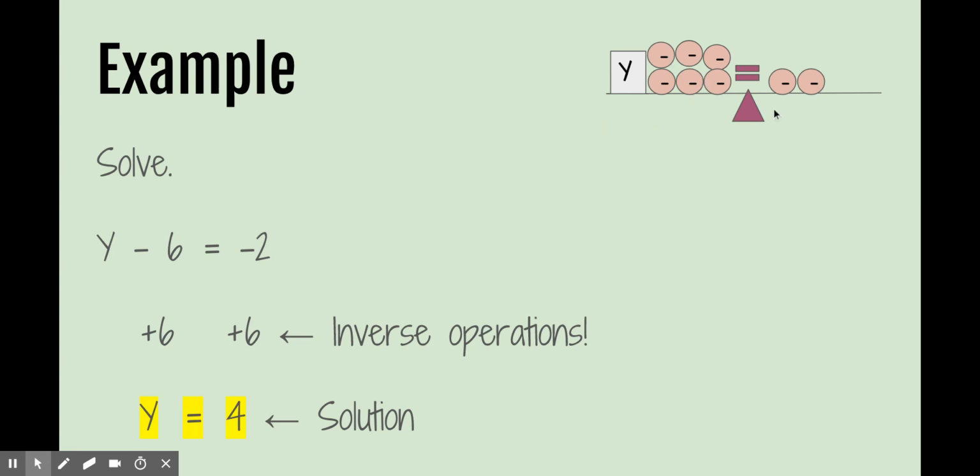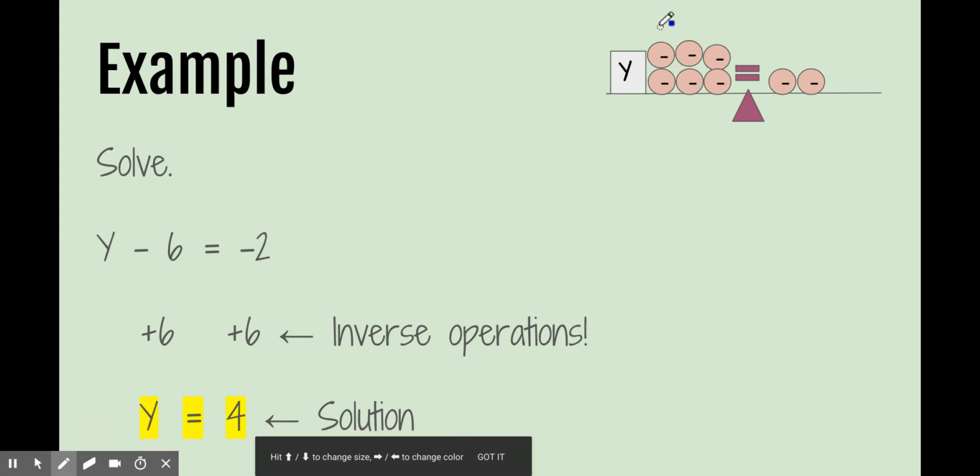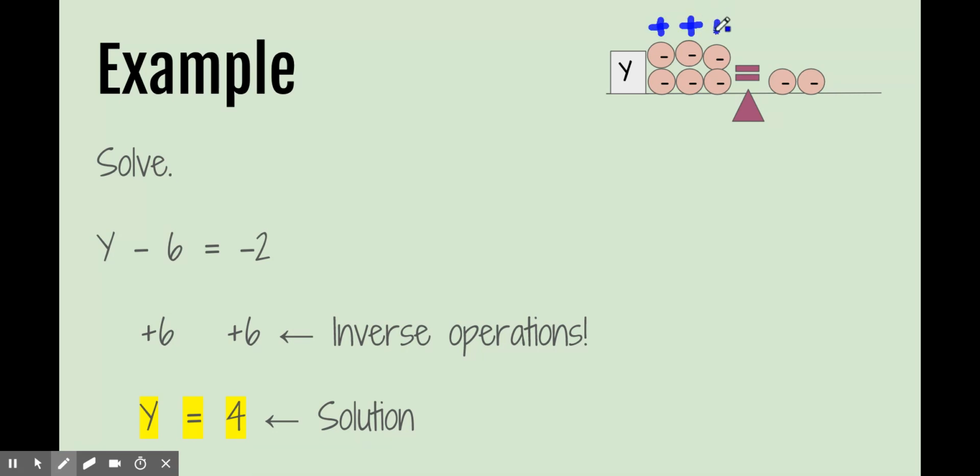Remember, we can think of it as like a scale where whatever you do to one side, you have to do to the other, so you keep it balanced. And so if I were to model this, I would have to add a positive for every negative so that I could use inverse operations and get 0 pairs. So I'm going to add a positive for every single one of these little negatives so that they cancel out on the left side.